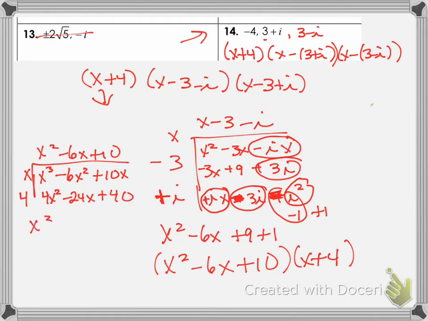So I get x cubed, minus 2x squared, I have negative 24 and a positive 10, so minus 14x plus 40. So f of x is equal to x cubed minus 2x squared minus 14x plus 40.